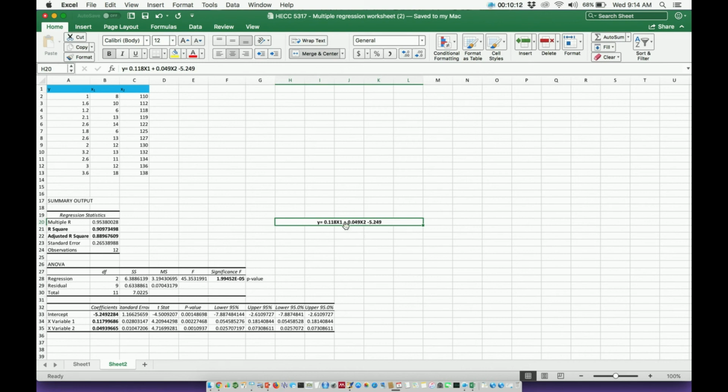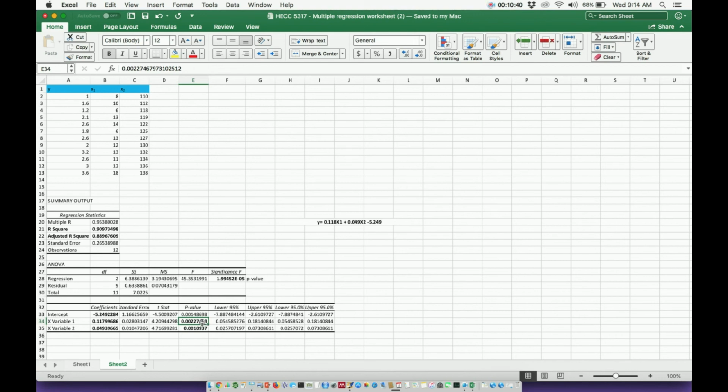Now, how did I know to include both x1 and x2? Because sometimes in multiple regression, particularly if you have a lot of variables, some of them don't survive and you won't include them. How do I know to include both x1 and x2? Well, what I do is I go look at the p-value for each of the corresponding x variables. If that p-value is less than 0.05, then that variable is significant to the relationship and the model.